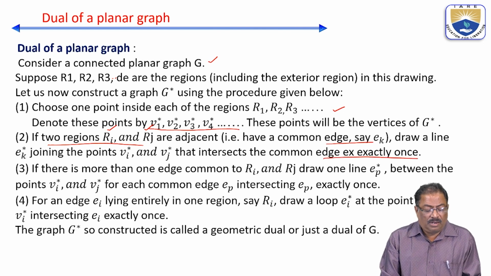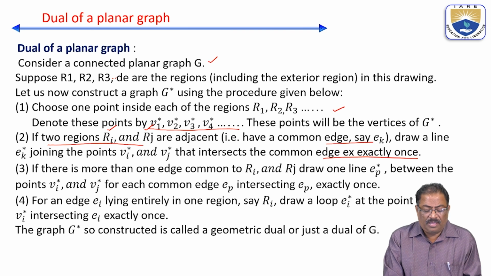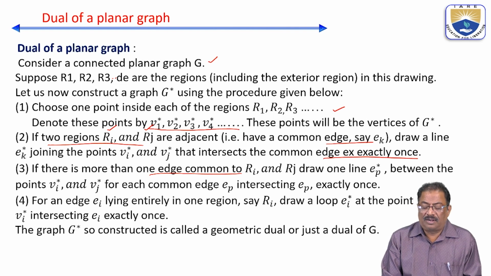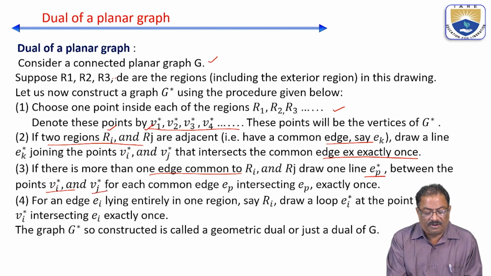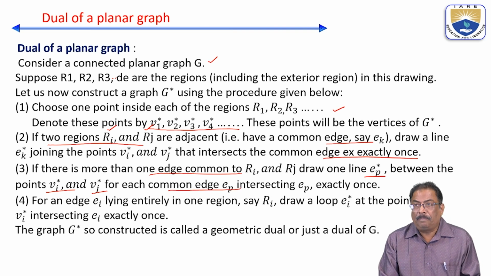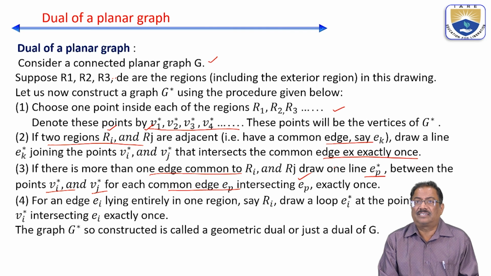So this is how to construct the edges. Now if more than one edge is common to Ri and Rj, draw one line Ep star between the points Vi star and Vj star for each common edge Ep, intersecting Ep exactly once.